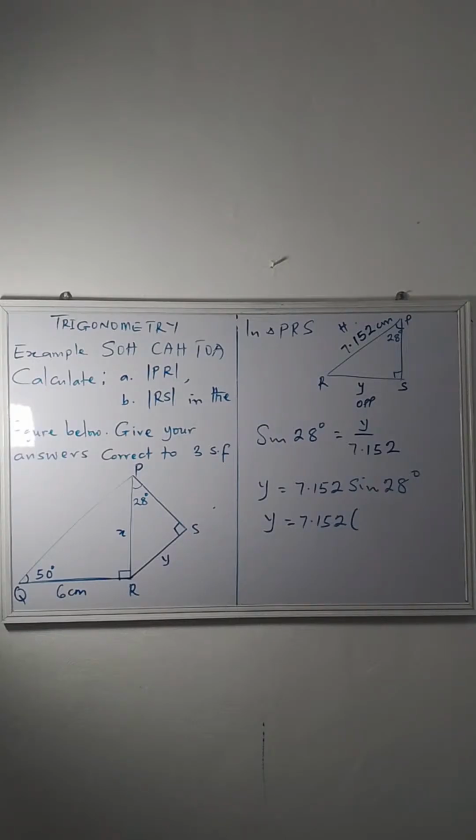Okay, I can see someone dropping 0.27. Are you sure that is what you have there? Sine 28 degrees. You can make use of your calculator and check what is sine 28 degrees. Okay, I can see someone.